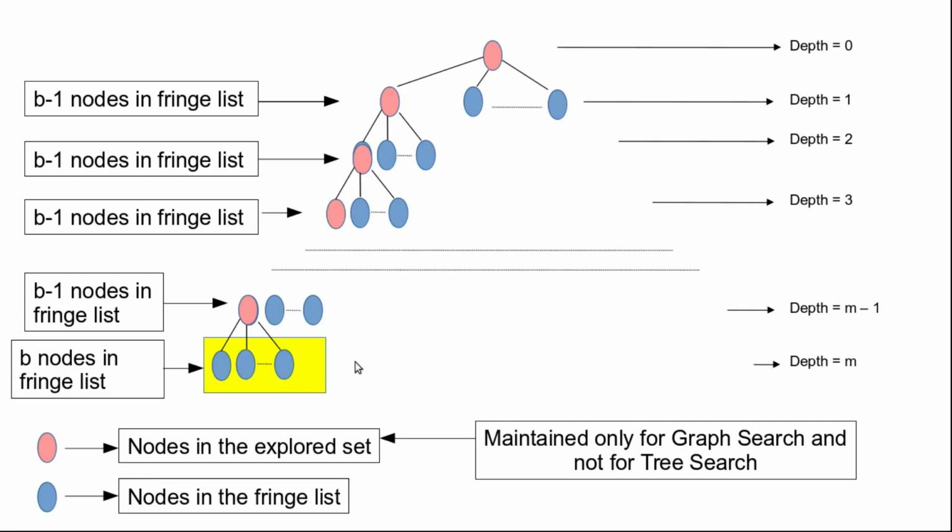So this is the worst case scenario for the number of nodes in the fringe list.